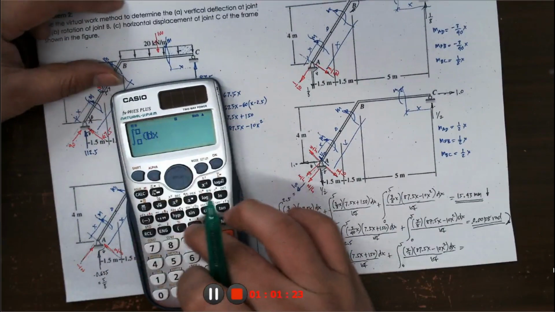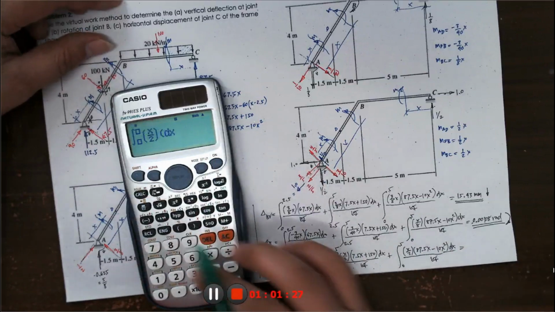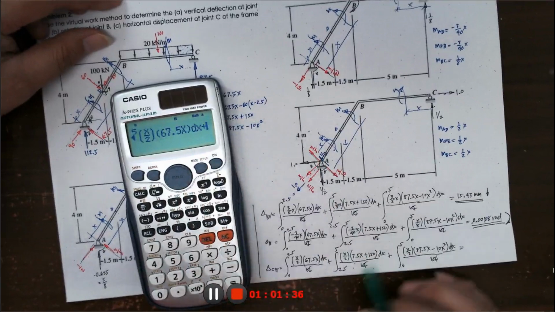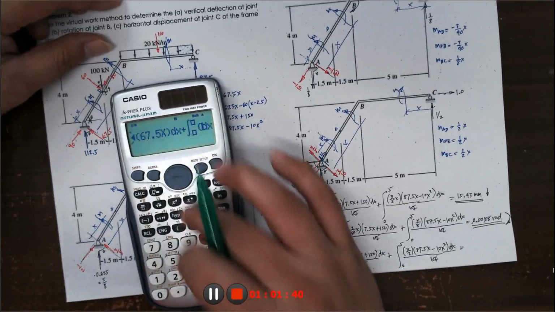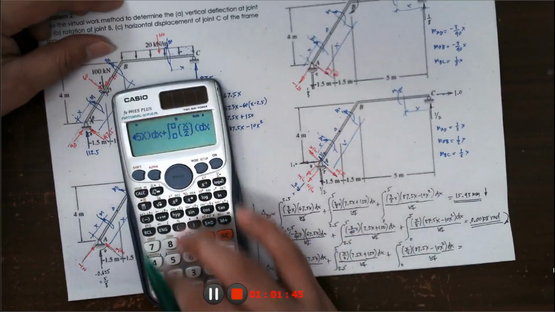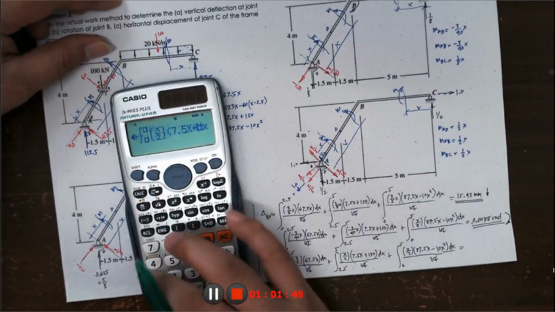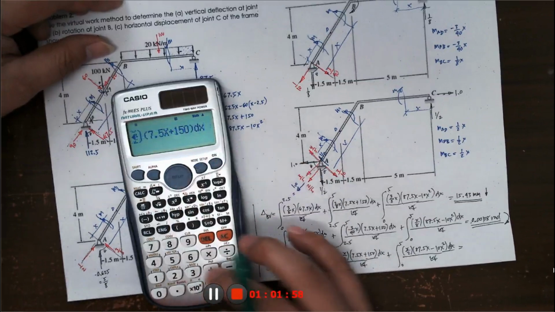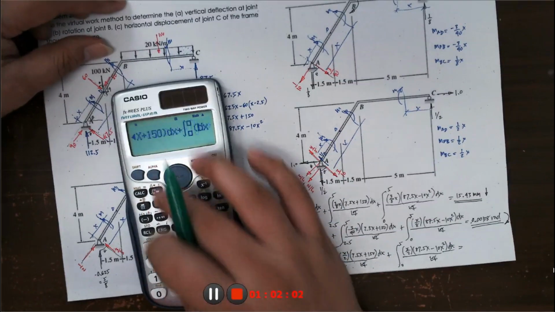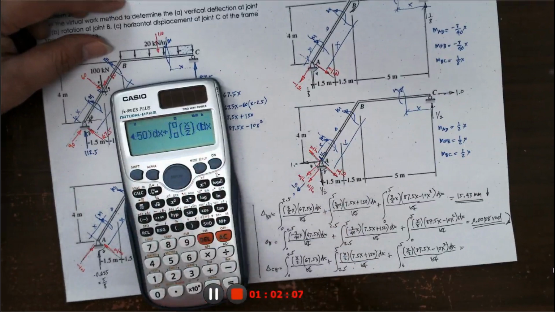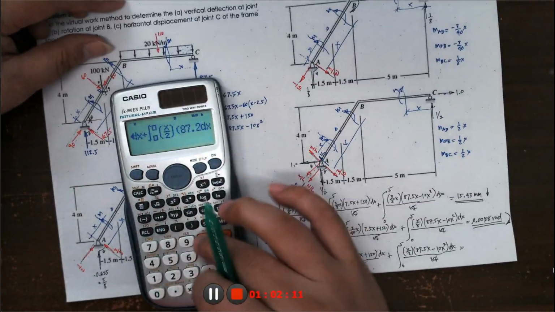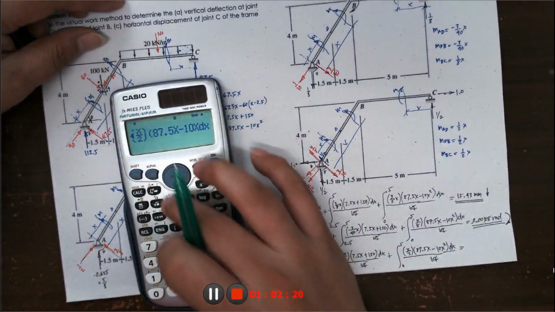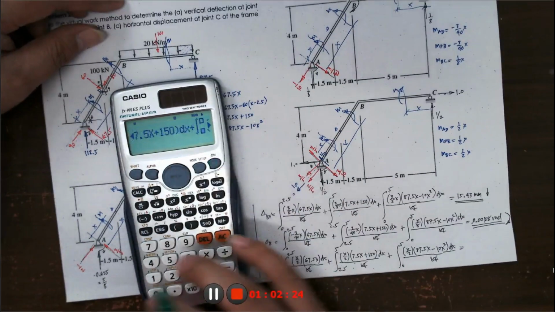And then last, integral sa x over 2 67.5x from 0 to 2.5 plus integral of x over 2 7.5x plus 150, 2.5 to 5, plus x over 2 times 87.5x minus 10 x squared, 0 to 5.